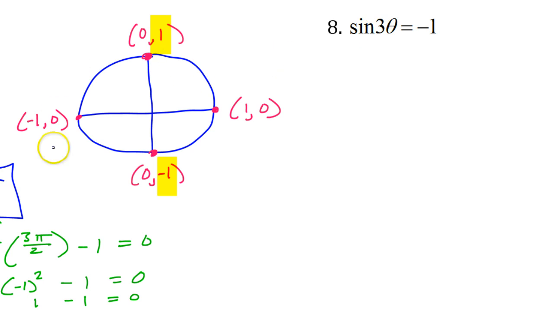So what angle on the unit circle has a y value of negative 1? There's only one, 3 pi over 2. It's right here. So the answer to the question sine of what is equal to negative 1, that question mark, is equal to 3 pi over 2.